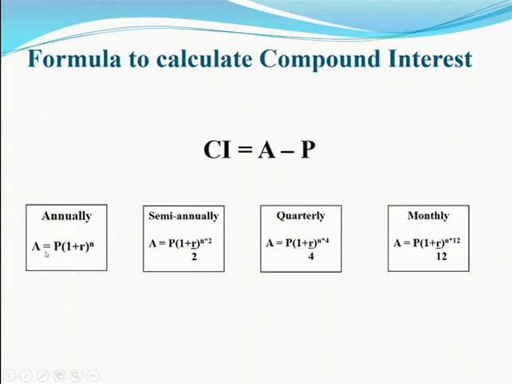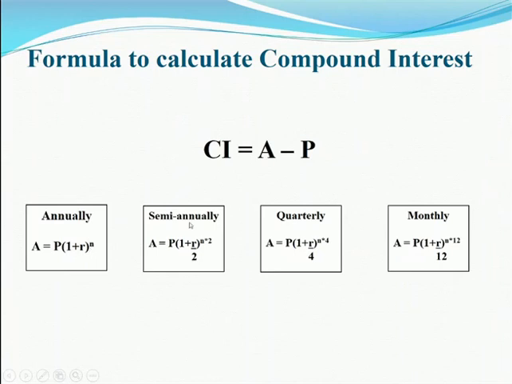So future value is nothing but P into (1 plus R) raised to N, where A stands for the future value that you're going to receive or pay, P stands for the original sum, R stands for the rate of interest, and N stands for the number of years you are planning to either keep the money invested, borrow the money, or lend the money at compound interest. The number of years is the time frame.